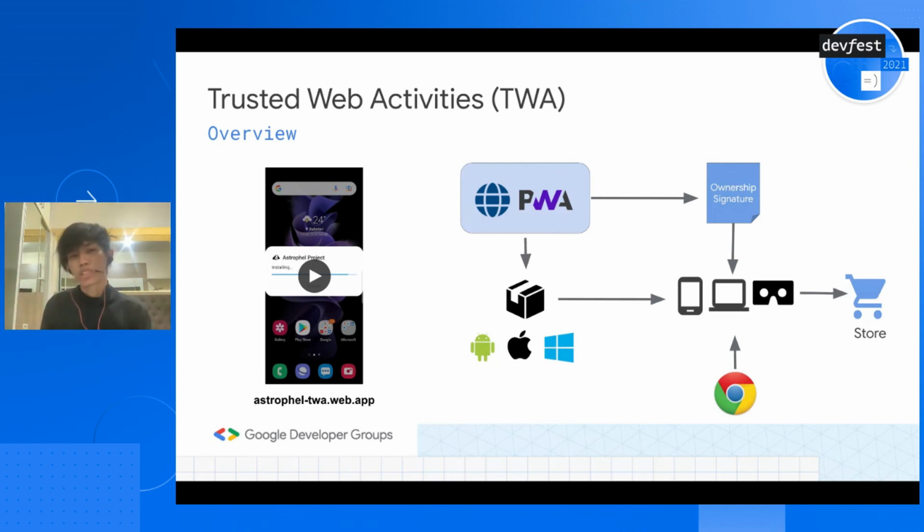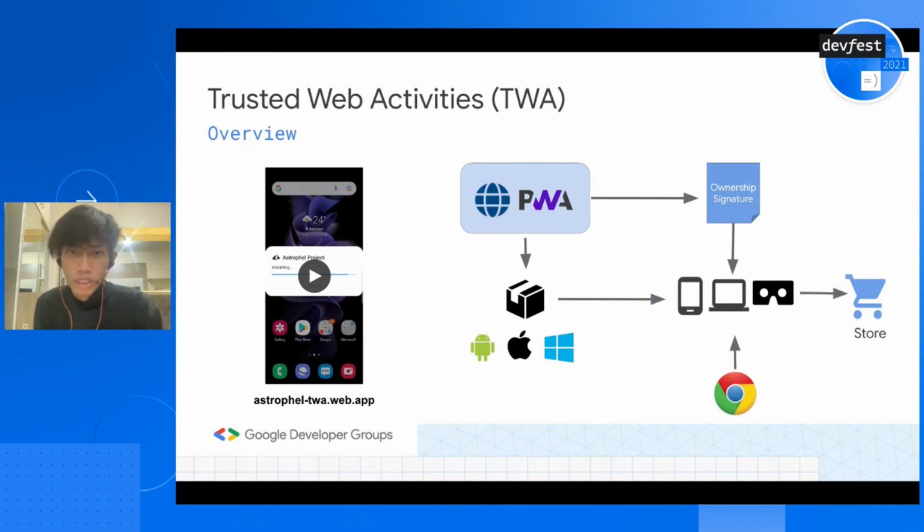It will not be full screen. There is a prompt that runs on Chrome, which proves that actually it's not yours. The TWA will act like a web view that renders another person's website, but it's not yours. That's why this ownership is really important.